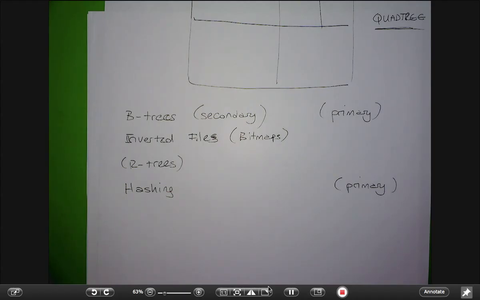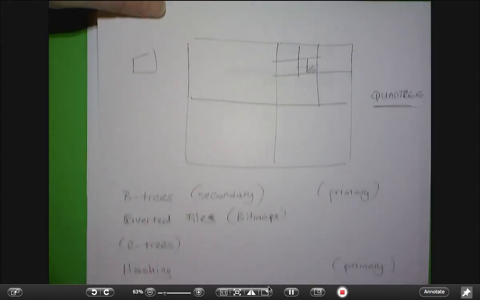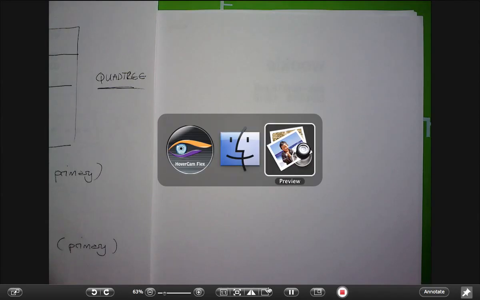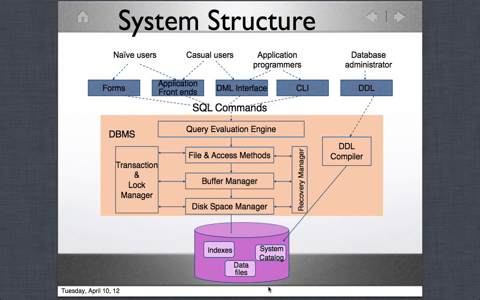So I want to do like a 5-minute introduction to the next topic, but we don't have more time for that. But I want to kind of prepare you for what we are going to do next. So what we have talked about was basically a small part of a big structure that basically implements your database system.